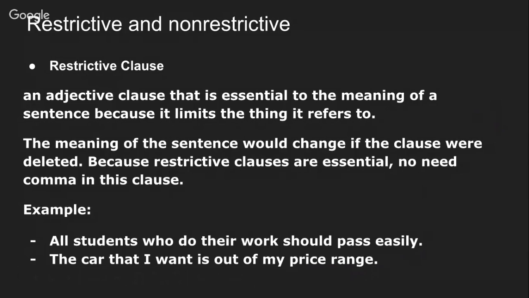If you omit the adjective clause that I want, it becomes the car is out of my price range, so the meaning is about cars generally. But with that I want, it tells you specifically which car: the car that I want.